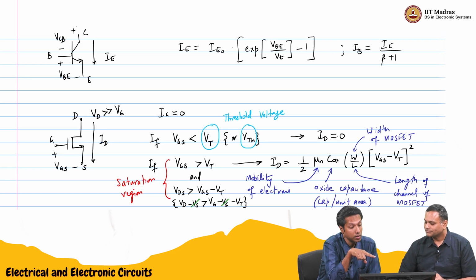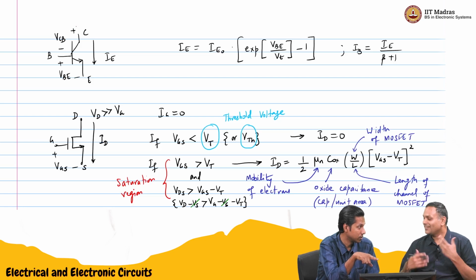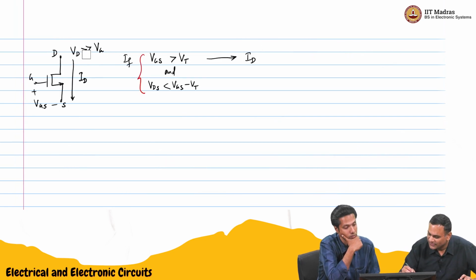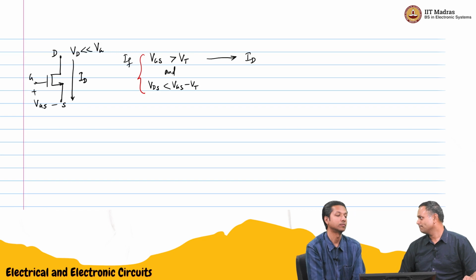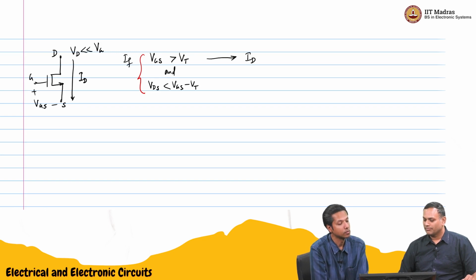For the next case, the condition that VD is much greater than VG is not satisfied. It is most likely much smaller than VG. So the border region is VG minus VT.